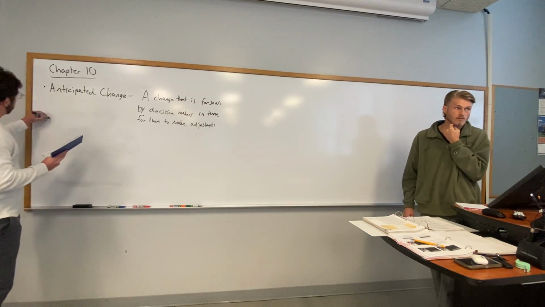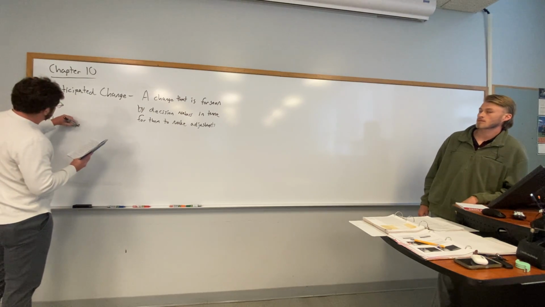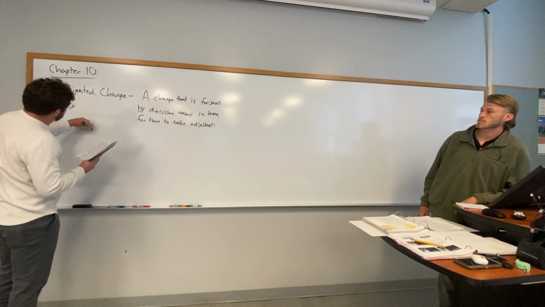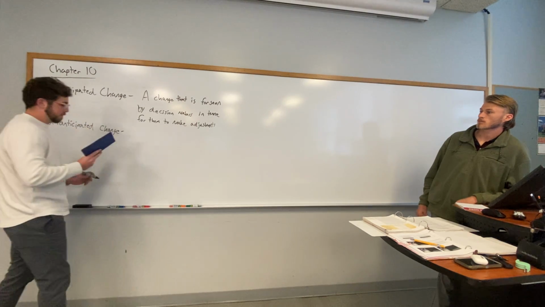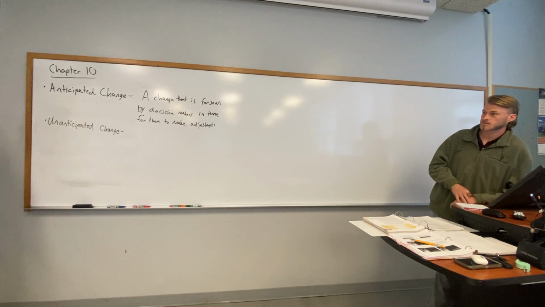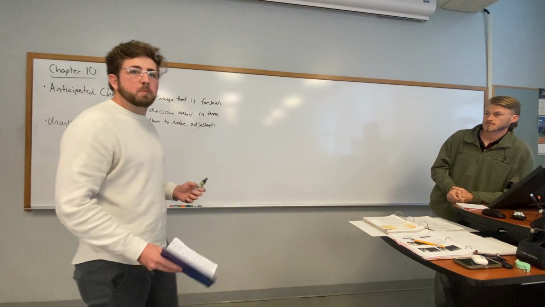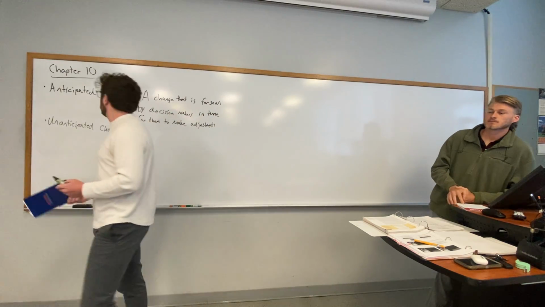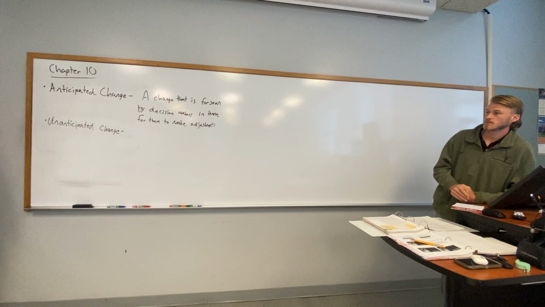And then we also have unanticipated change. Does anyone know what an unanticipated change would be? We got anticipated change up there on the board. It's a change that is foreseen by decision makers in time for them to make adjustments.